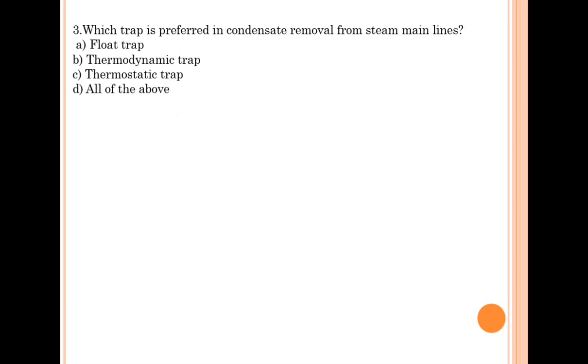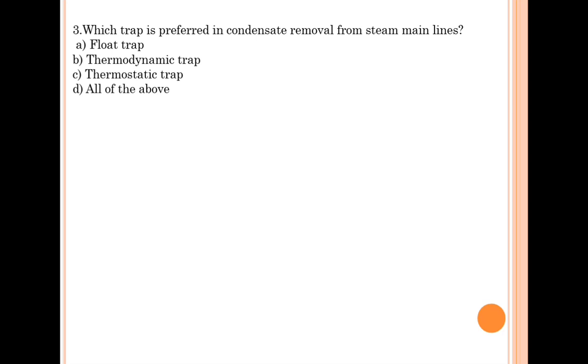Question 3. Which trap is preferred in condensate removal from steam mainline? Before going to the options, I am just going to elaborate something. There are basically three types of traps. One is thermostatic, second is mechanical type, third is thermodynamic type.